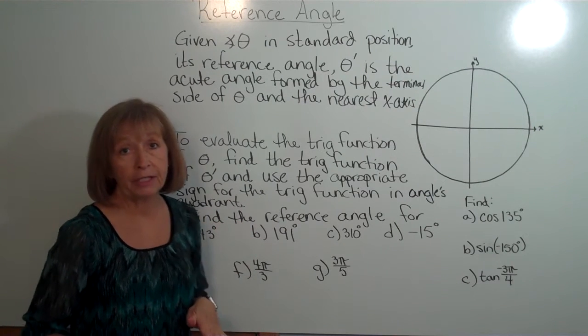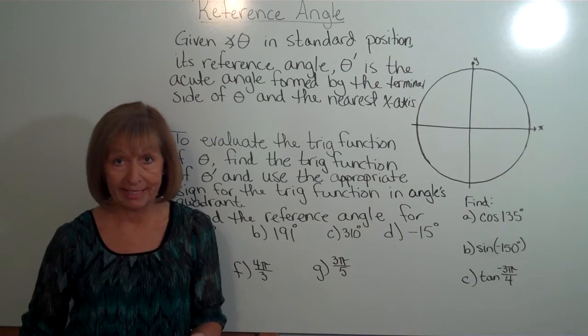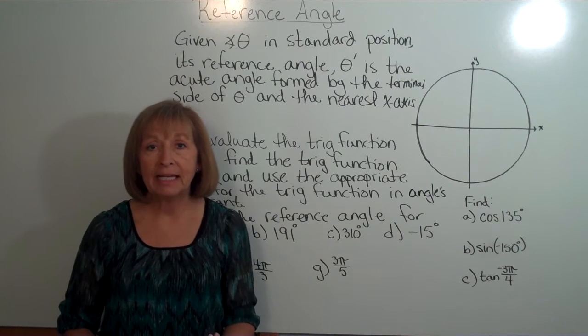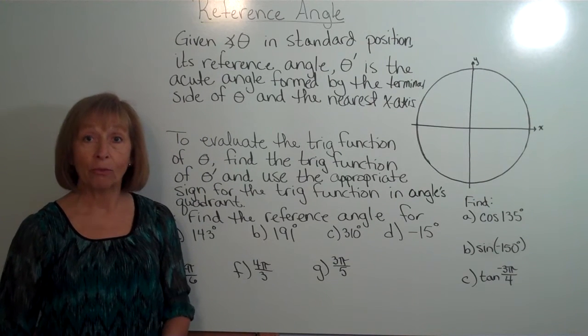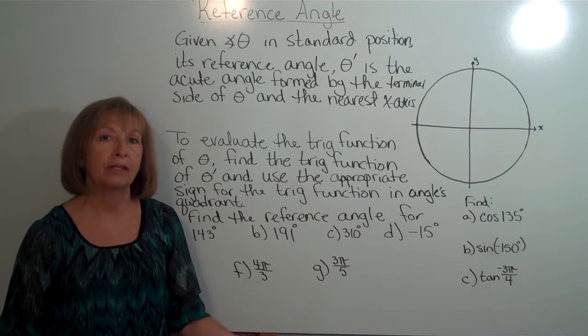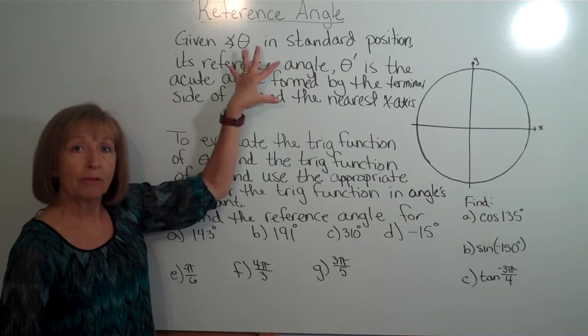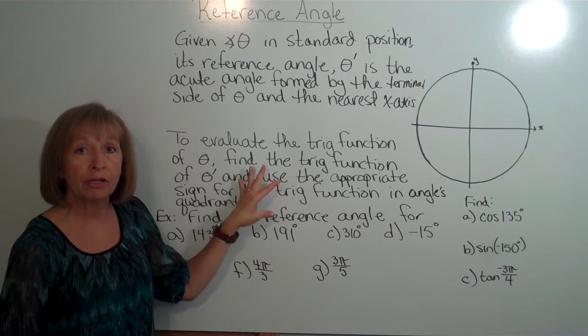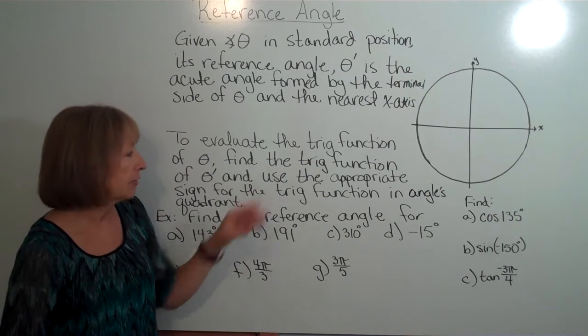So first of all, what we're going to do is practice finding the reference angle. And then after we get the information about practicing the reference angle, we're going to utilize the idea of the reference angle to find trig functions of angles.